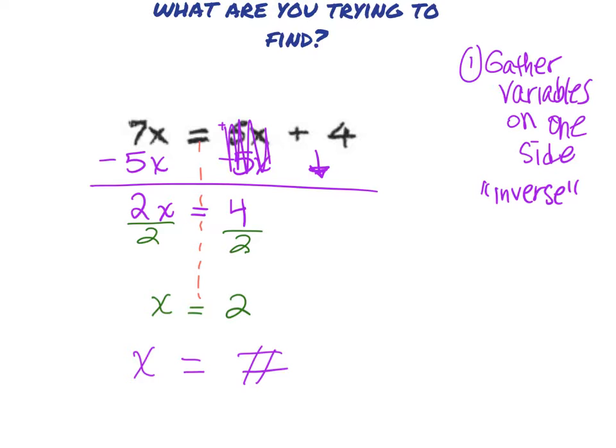Okay, let's look at another one. If I was to quickly add another step, gather the variables on one side and then just solve like normal.